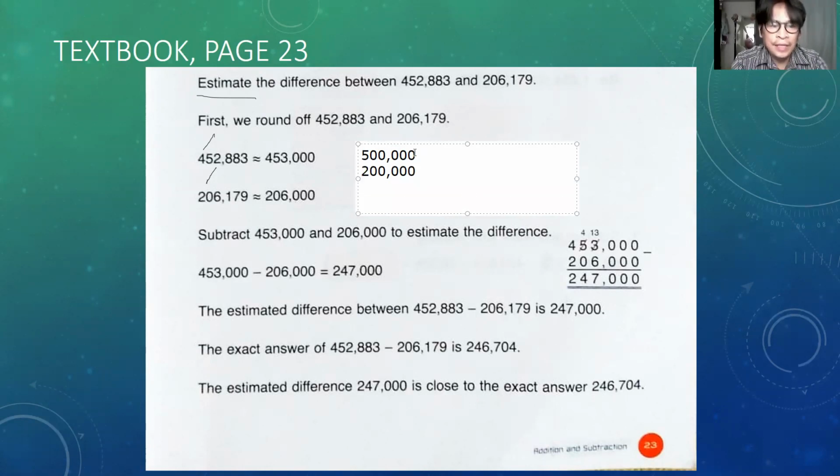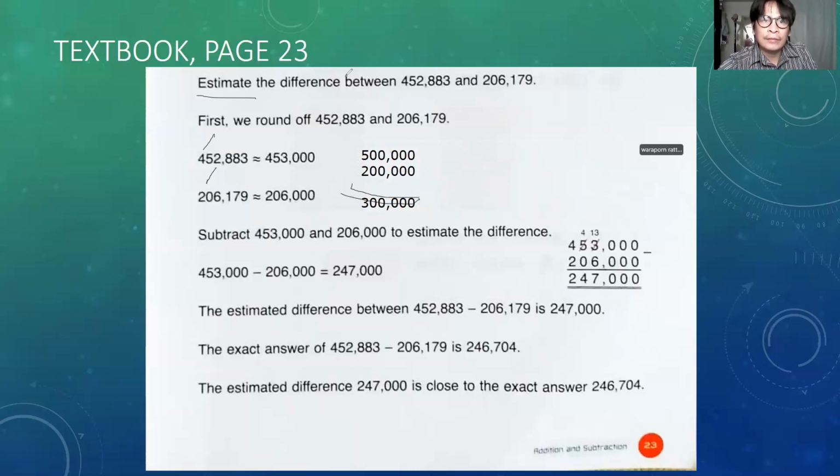Okay, the difference is 300,000. So this is the estimated difference.